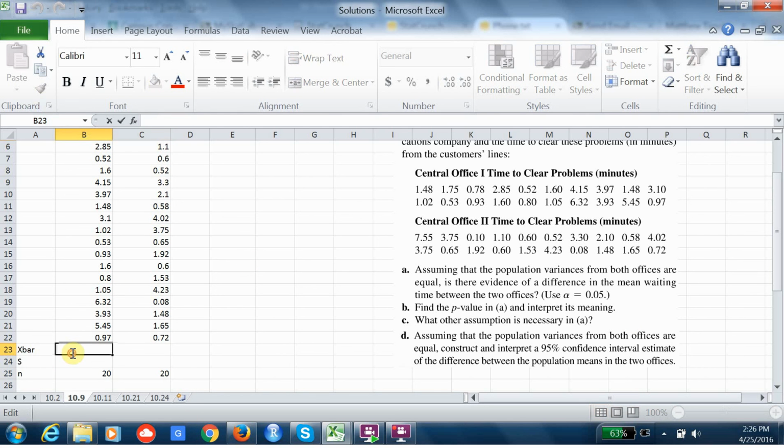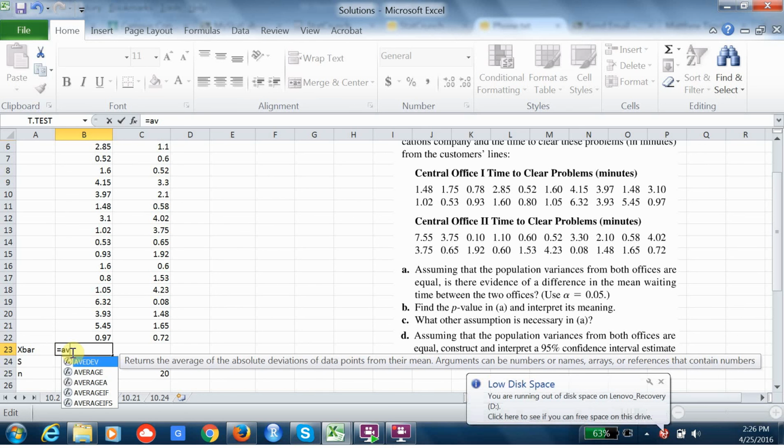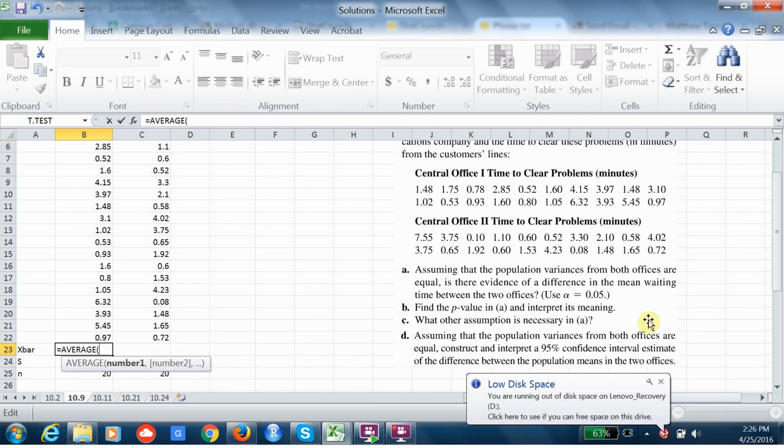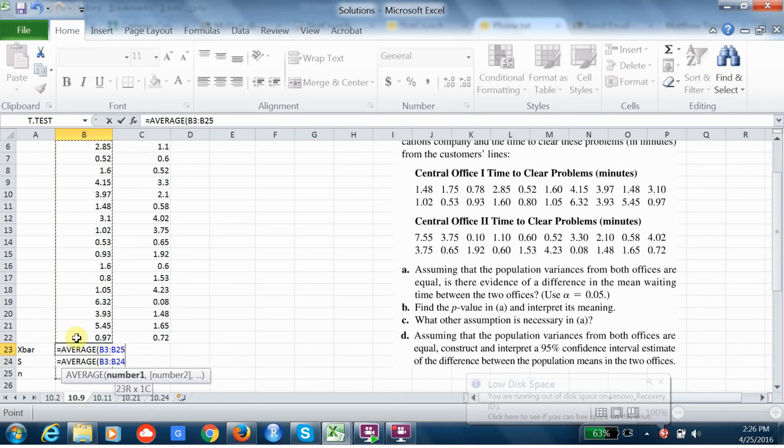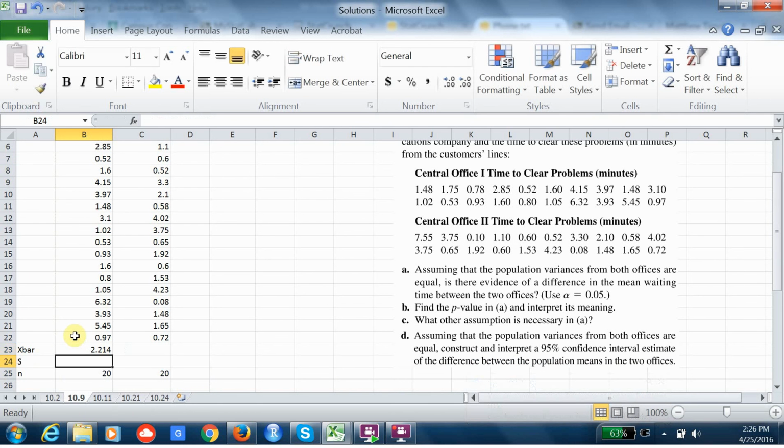So this is going to be equal to average. And I can just drag this over, and I'll do it for the next company.